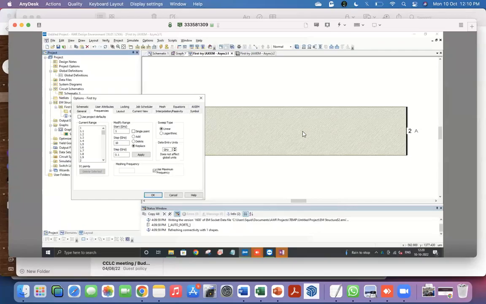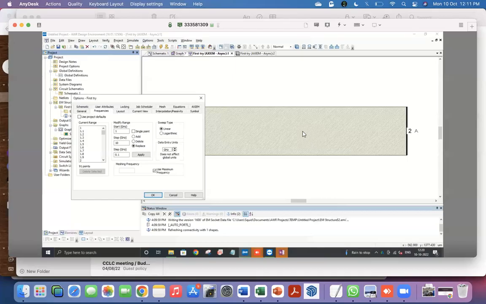Now, it might seem like an unnecessary feature, but the reason for this is that EM structure simulations, finite element simulations, are much slower than the circuit simulations. Okay. So you might, in the interest of time, not want to solve it with a lot of detail and frequency, but you want to use the results of this EM structure in a circuit.